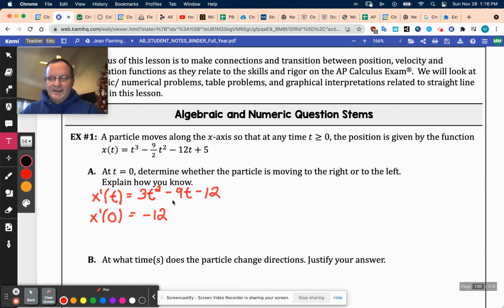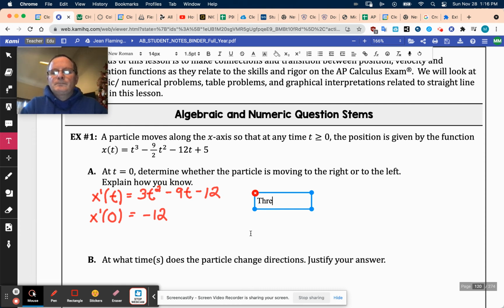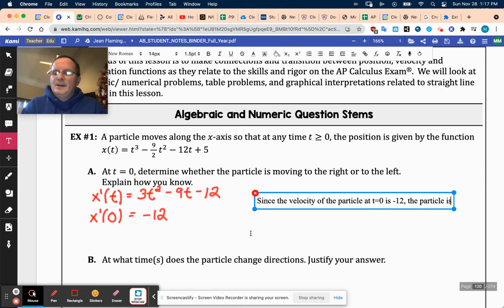And so that means, and I will type this part, therefore, since the velocity of the particle at t equals 0 is negative 12, whatever units that is, the particle is moving to the left at that moment.